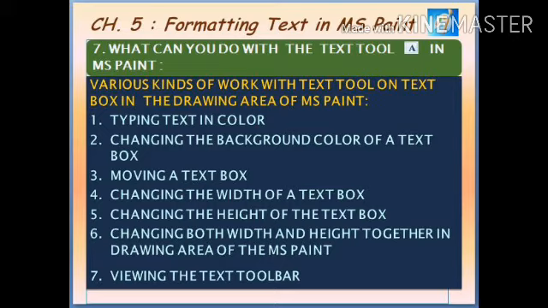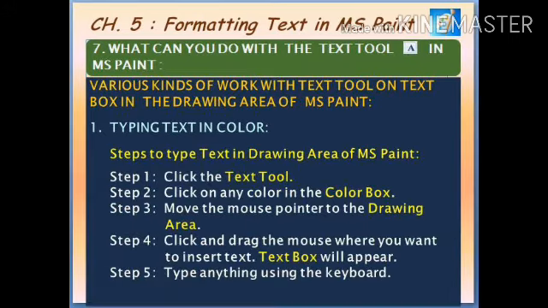Number 3. Moving a text box. Number 4. Changing the width of a text box. Number 5. Changing the height of the text box. Number 6. Changing both width and height together in drawing area of the MS Paint. Number 7. Viewing the text toolbar.